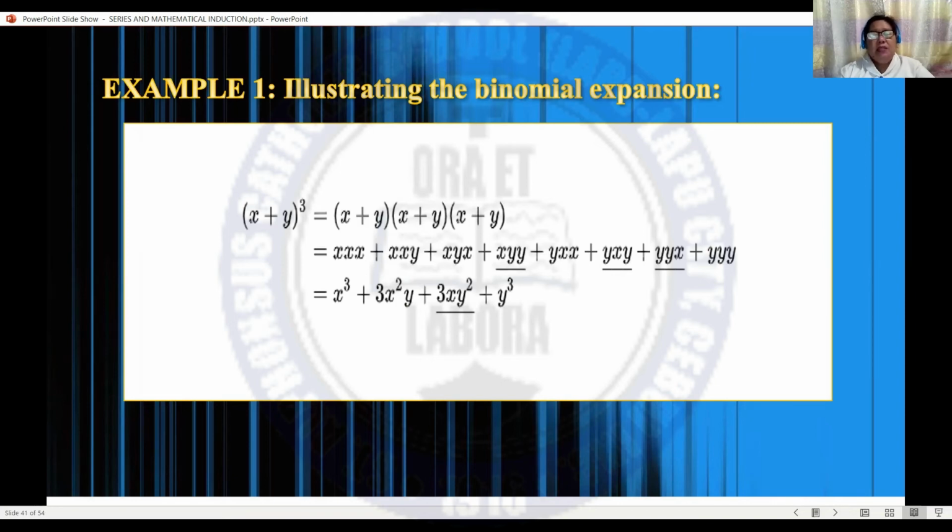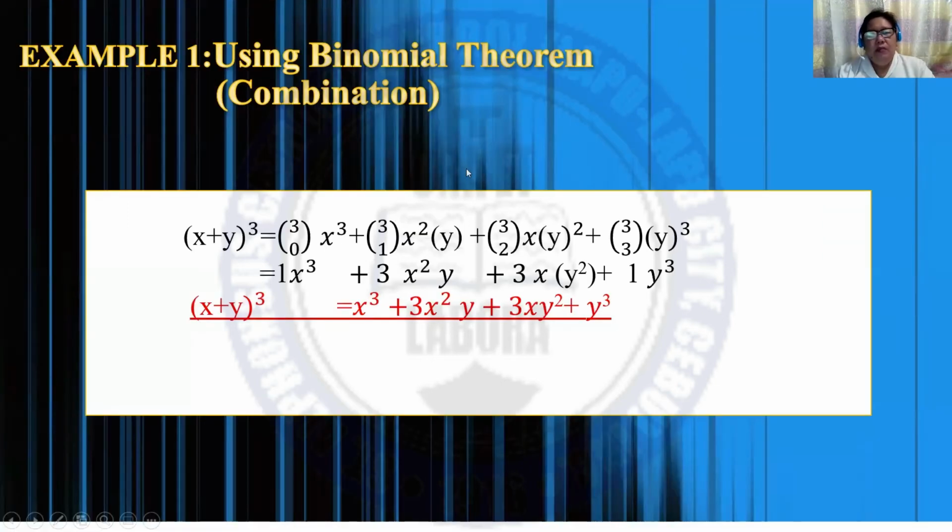Using the binomial theorem, we have the cube of x plus y equals 3 choose 0, which is equivalent to 1. Then copy x cubed. 3 choose 1, which is 3. Then x squared y. 3 choose 2 is 3, xy squared.